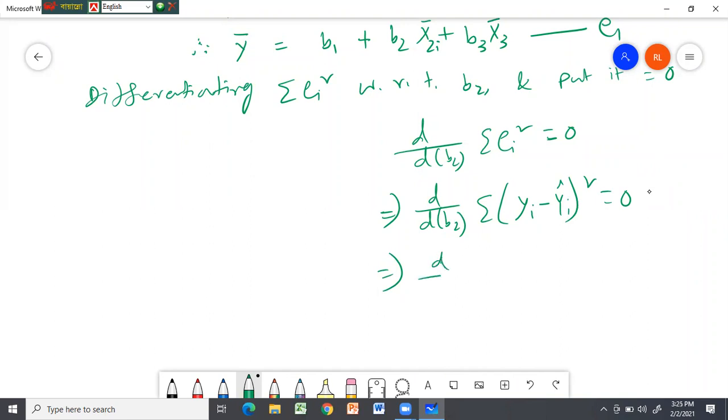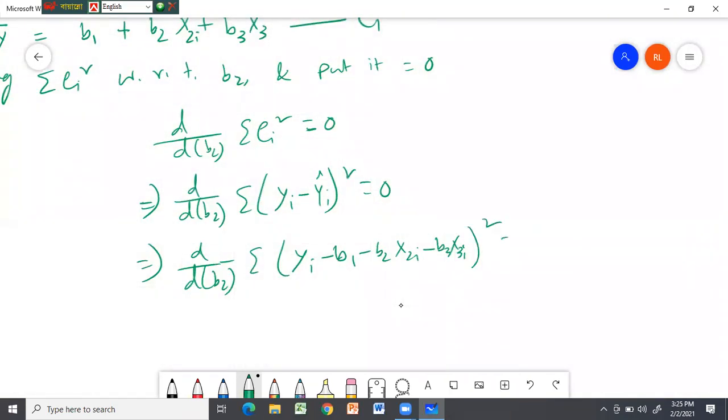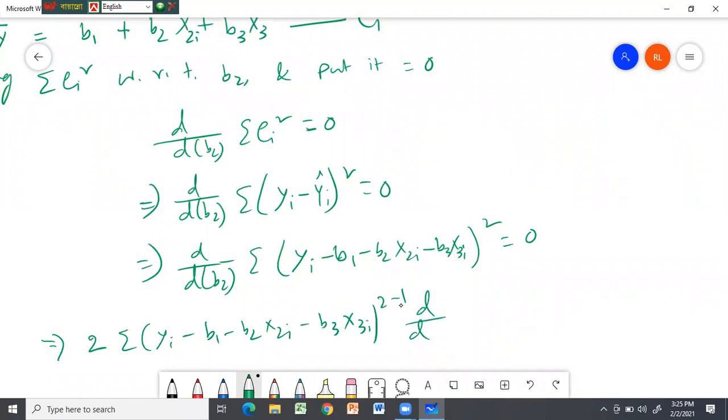So it would be sum of yi minus b1 minus b2 x2i minus b3 x3i whole square is equal to 0. 2 into sum of yi minus b1 minus b2 x2i minus b3 x3i to the power 2 minus 1, and you have to differentiate the inside function, which is sum of yi minus b1 minus b2 x2i minus b3 x3i, and this whole one is equal to 0.